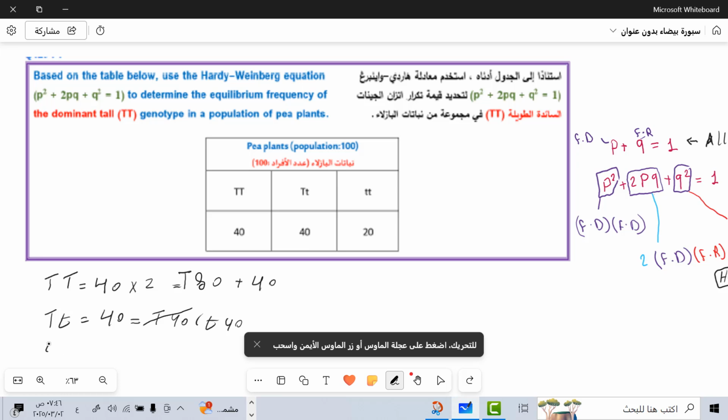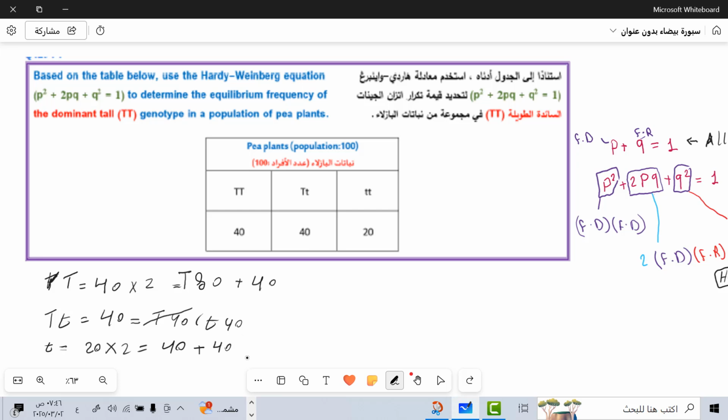Going to T small. Here we found T small T small is 20. This means every individual has 2 T, so 20 multiply 2 equal 40. Okay, 40 plus this 40 also, and we will make it like that.